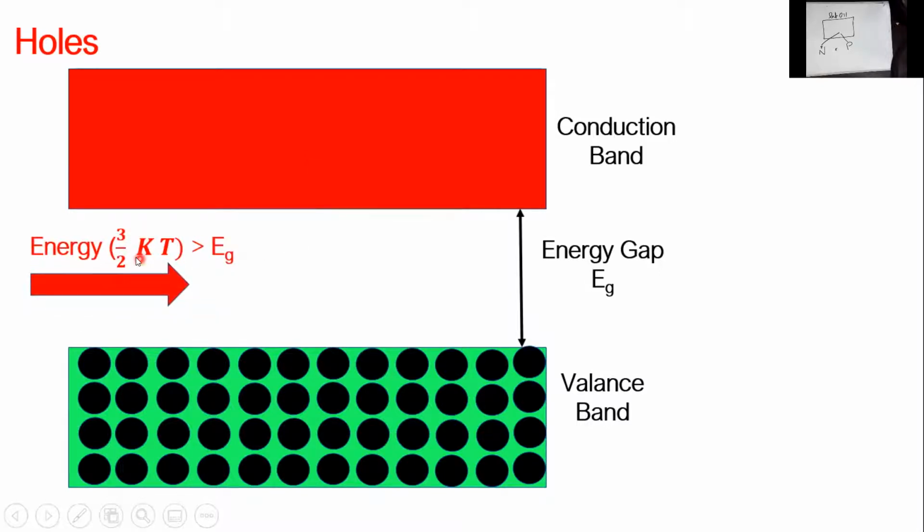So when the temperature is equal to 0 Kelvin, you don't have internal thermal energy, and accordingly, no electron will jump from here to there. And accordingly, the probability to find an electron in the conduction band at 0 Kelvin is equal to 0.